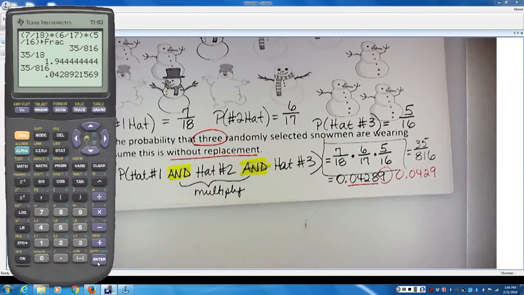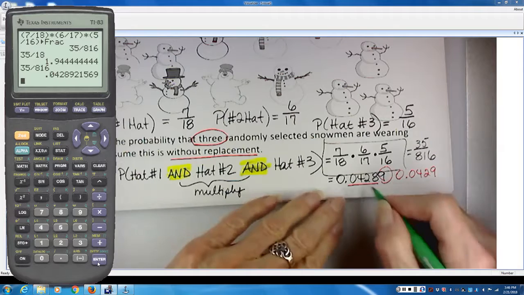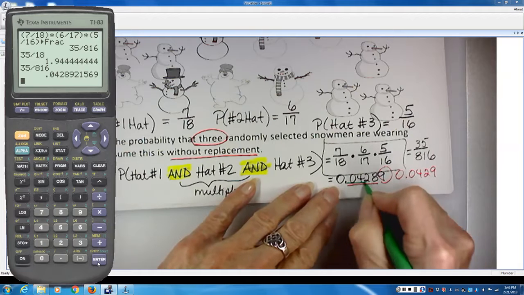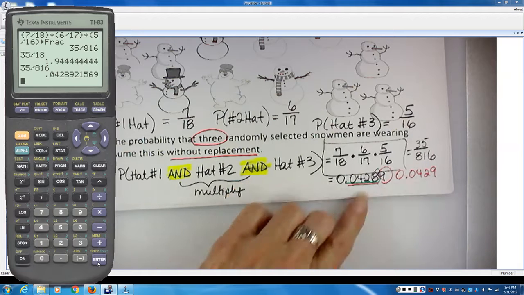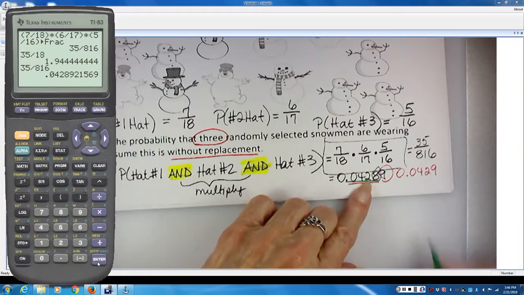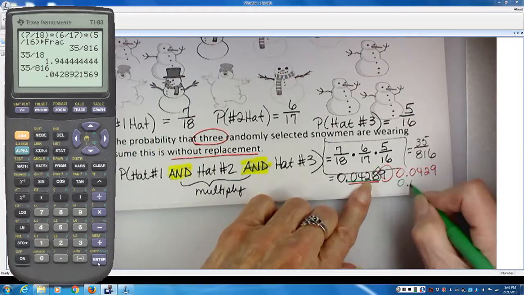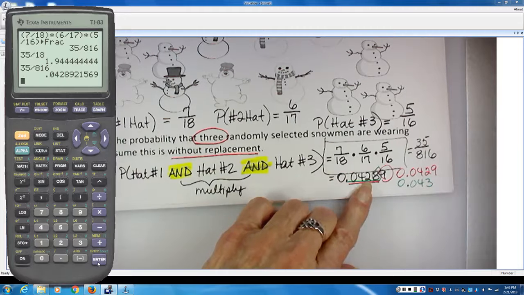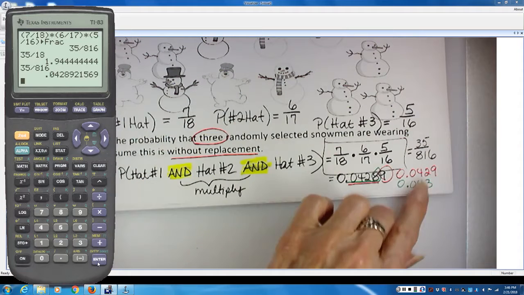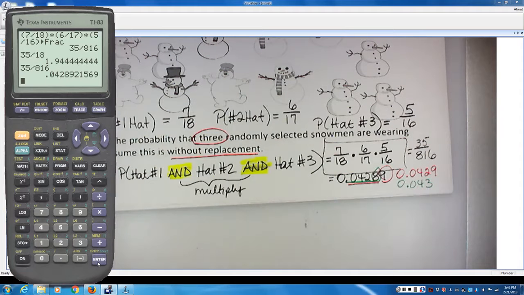Or if I told you to round it to 3 decimal places, and I may round my answer to 3 decimal places, then I would look at the 8 and say that 2 needs to become 3. So I might give you one of those 2 answers, but if you got the fractions that you multiplied correctly, you're going to get that answer. You're just going to get a lot more decimals.